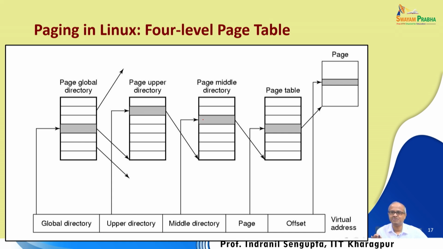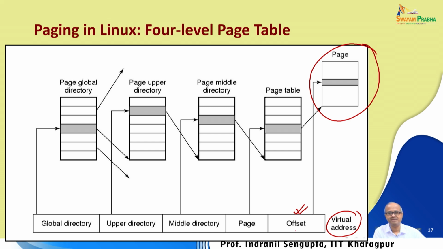So, Linux supports a 4-level page table. The complete virtual address is divided into 5 parts. Of course, the least significant part is the page offset within the page, because ultimately you are accessing a page in memory. So, what is the offset within that page?